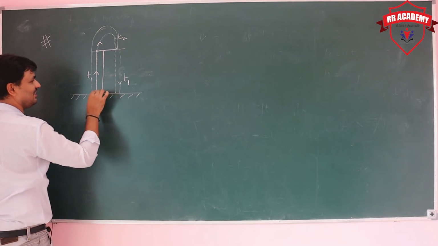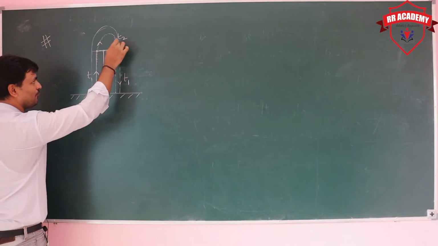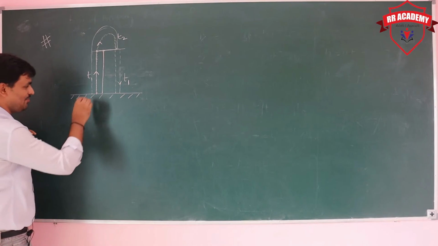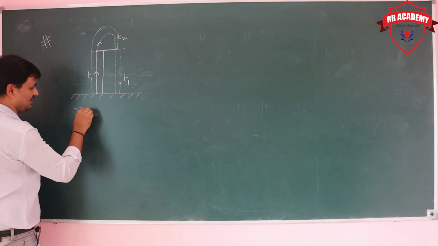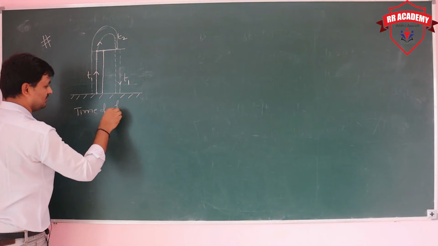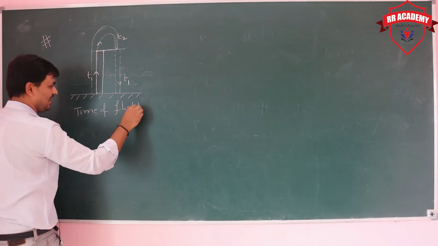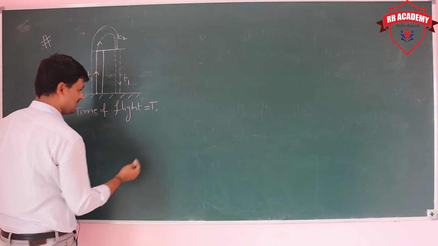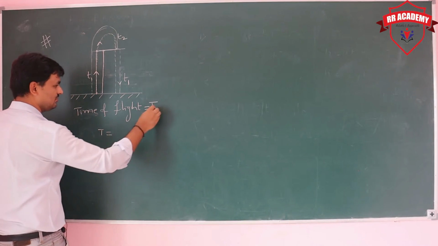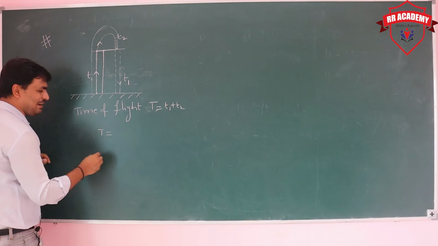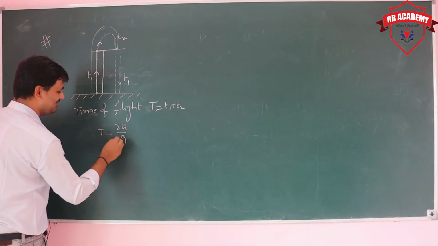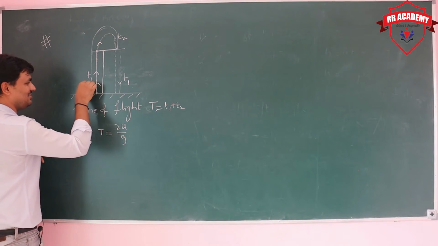This is also t1 time now. How much time is going upwards, the same time is coming downwards. Means the time of flight equal to what we can say? Time of flight T is equal to t1 plus t2. Actually time of flight formula is 2u by g.